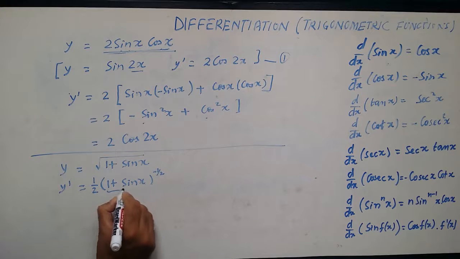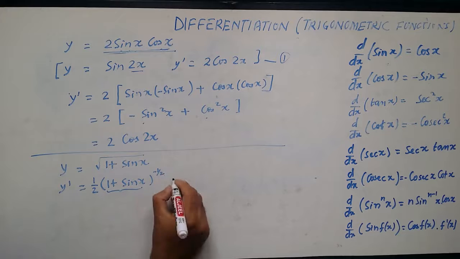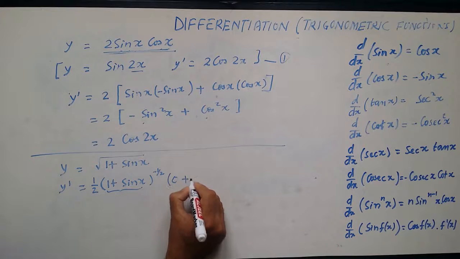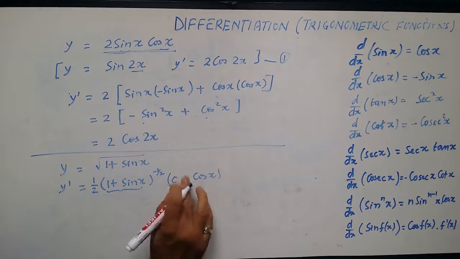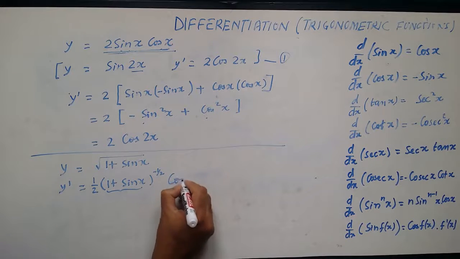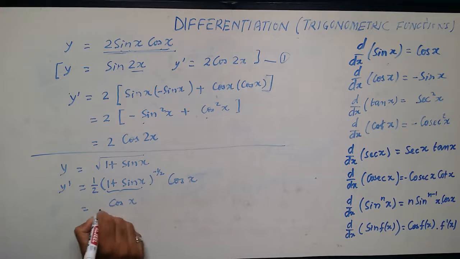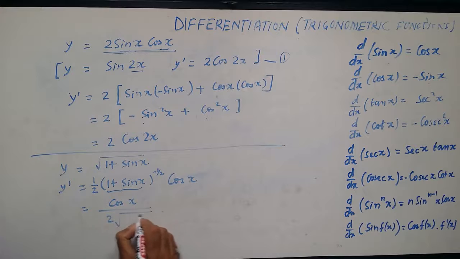Then we will take the differentiation of this expression to give us 0 plus cosine of x. So we just have to multiply it by cosine of x. So the answer is cosine of x upon 2 square root of 1 plus sine of x.